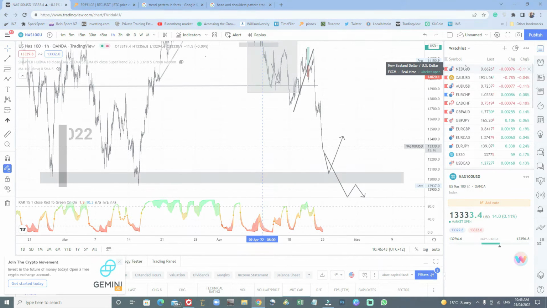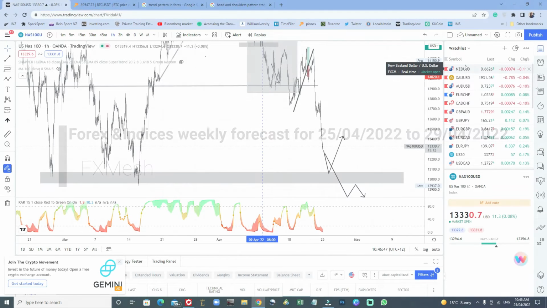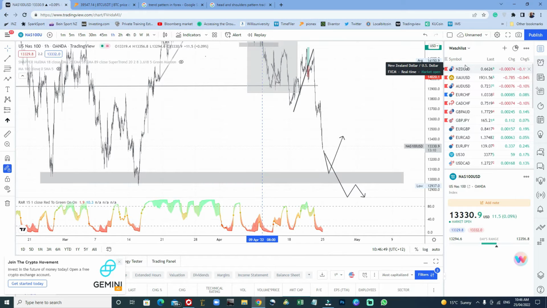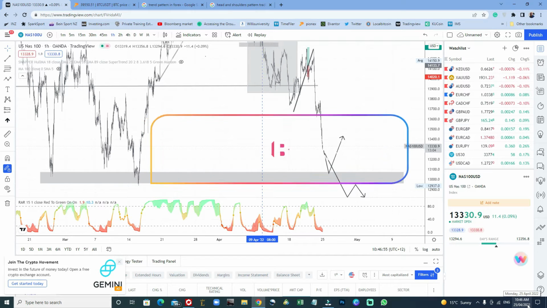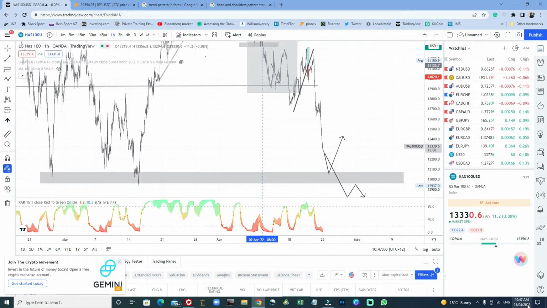Welcome to my weekly Forex and Indices analysis and forecast for the week of 25th of April 2022 to 29th of April 2022, and the trading has just started for the week. It started at 9 o'clock in New Zealand.